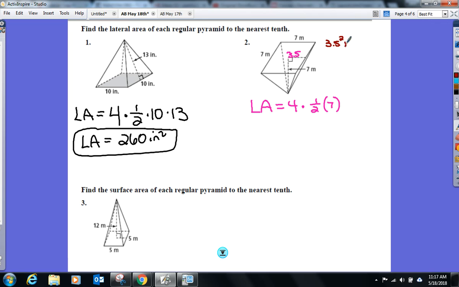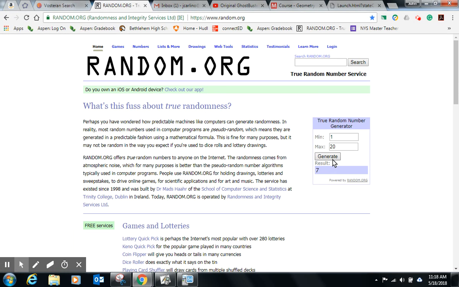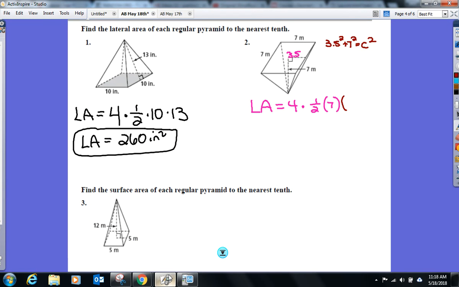3.5 squared plus 7 squared equals your slant height squared. Now, this will not come out to be a nice number. I would just suggest leave it in the radical for now. Just leave it in the radical and then you can multiply it at the end. When you're ready, what do you get underneath that radical that you're taking the square root of?